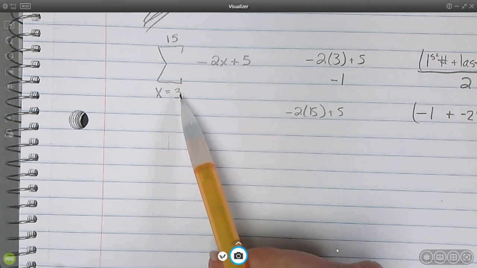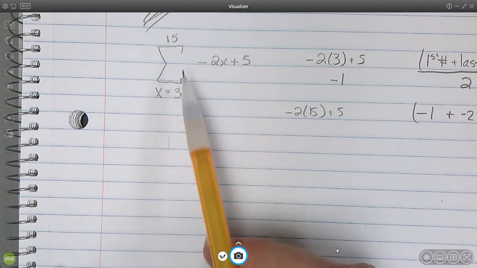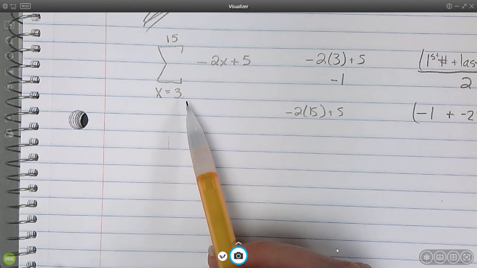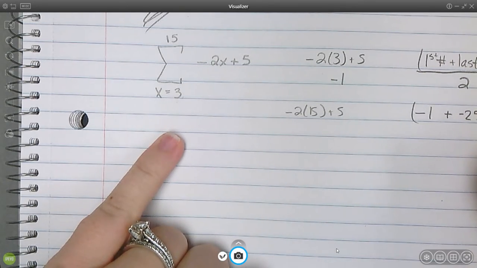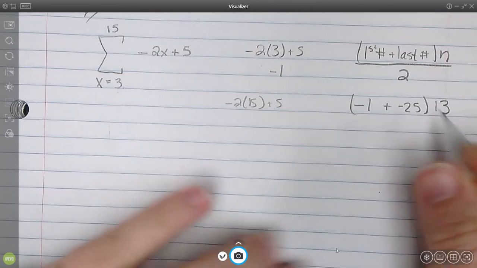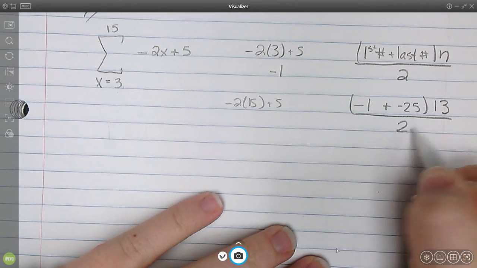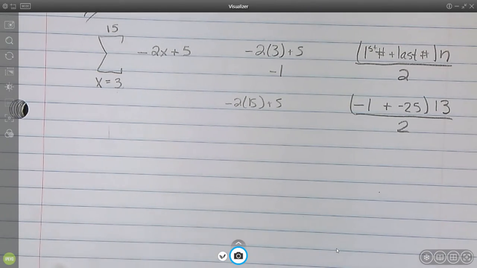So between 3 and 15, there's actually 13 numbers. If you want to count those out, go ahead. So there's 13, and then you divide by 2. Grab my calculator. We have negative 1 plus negative 25, times 13, and then divide by 2.